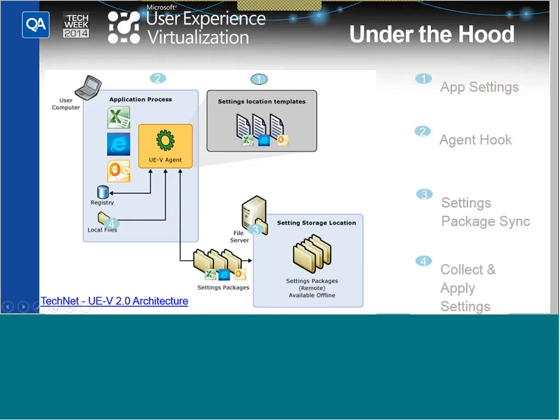Now, if our computers are never going to go offline, or hopefully never going to go offline, so for example, in a session host environment or a VDI environment, or if we're just using a fixed desktop plugged in at the office, then we can disable that synchronization process, and every time we'll just pull down the settings from the storage location.